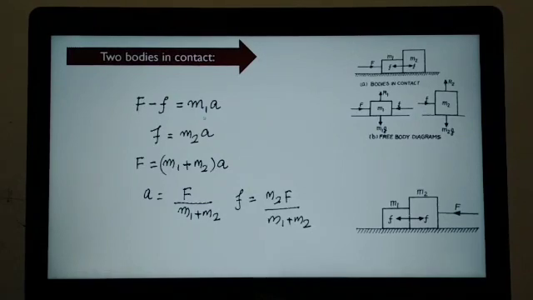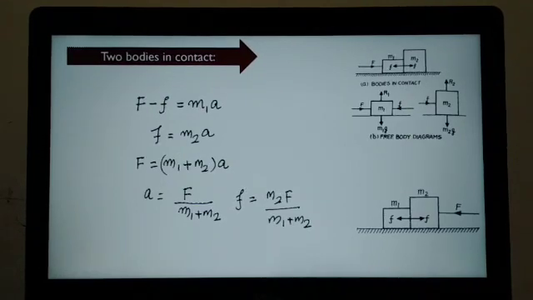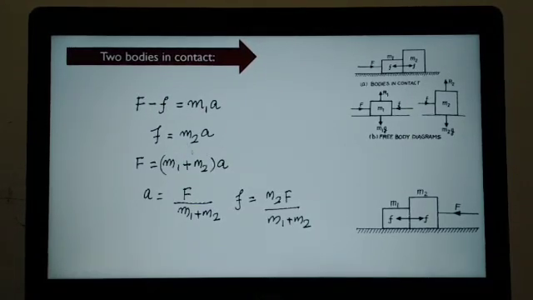So F minus f is equal to m1a. And on the second body, what is happening? Only the contact force f is acting, in the same direction the body is moving. So m2a is equal to f. The net force acting on it is only due to f, the contact force exerted by m1.